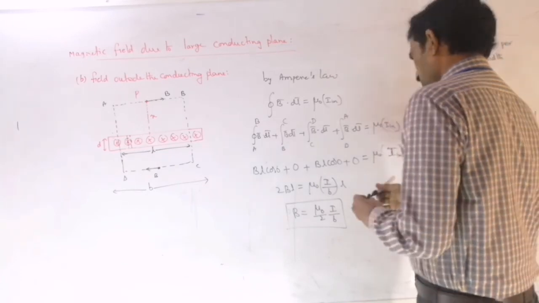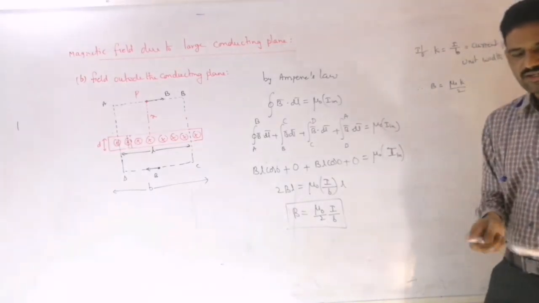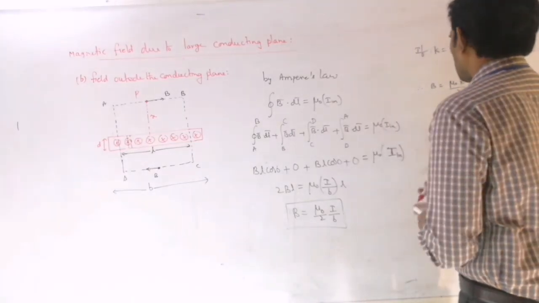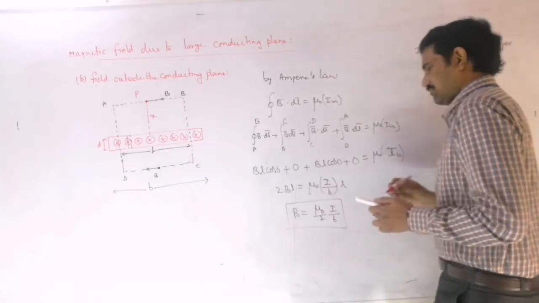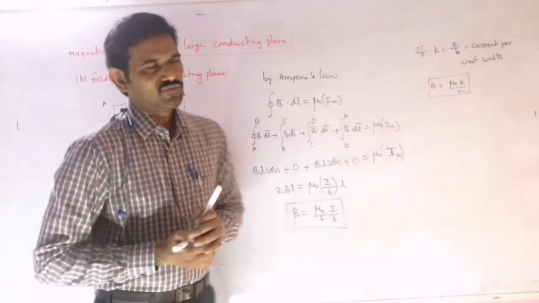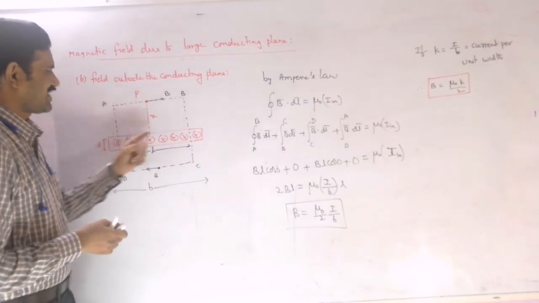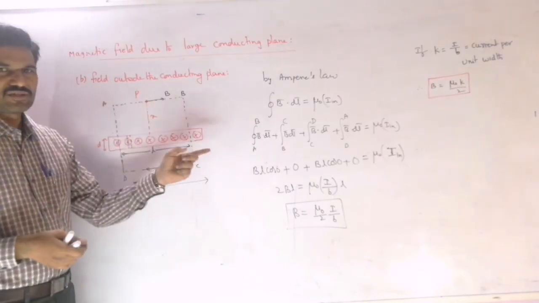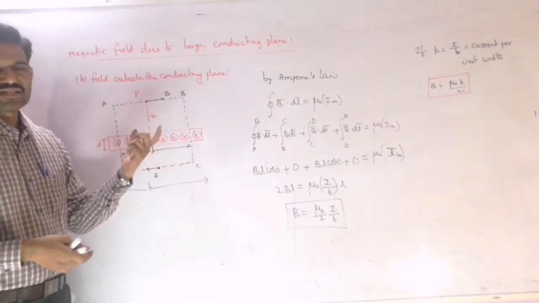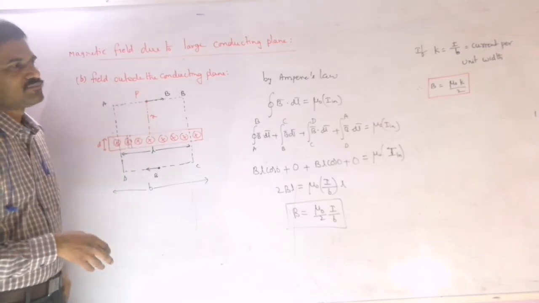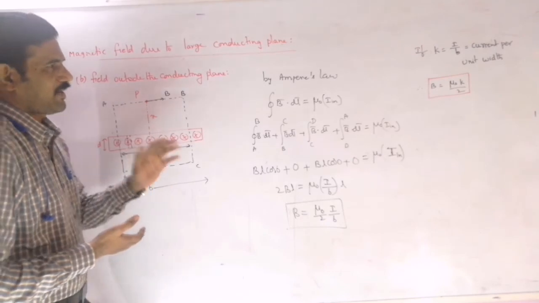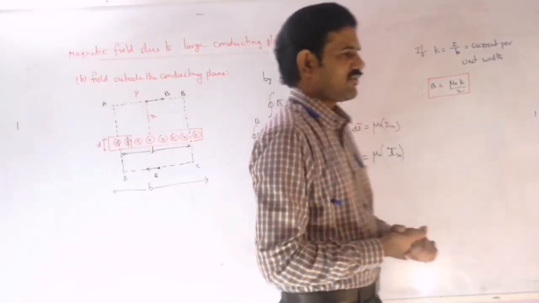So generally we express the magnetic field like this, where K is the current per unit width, so you need to remember that. That means if the total I is the current flowing through this width of b, then the K value is nothing but I by b. So that is the magnetic field due to this unit width, right?